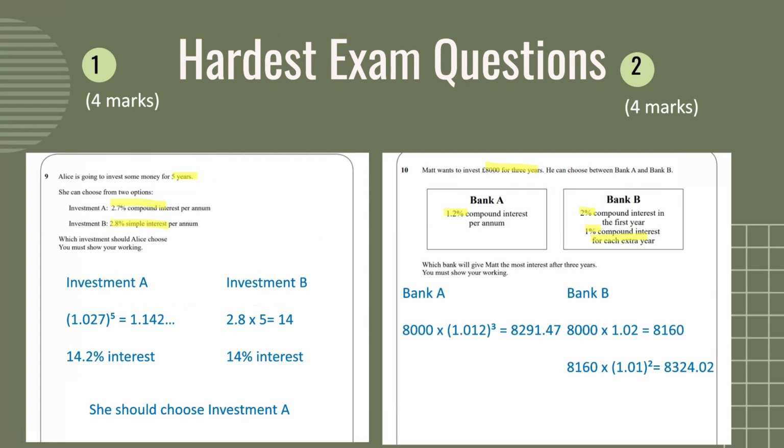We then times that by 1.01 to the power of 2 to give us £8,324.02. As Bank B gives us a higher number after the end of 3 years, Matt should use Bank B to have the most interest after 3 years.